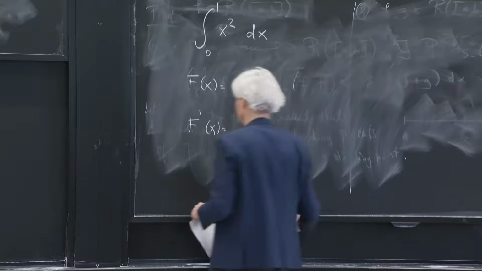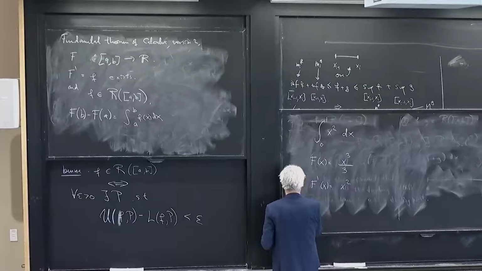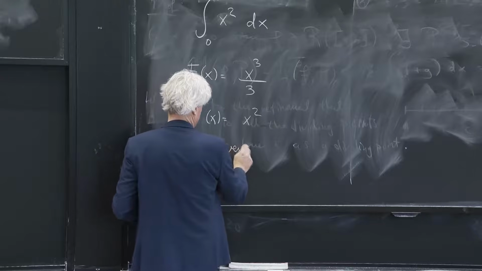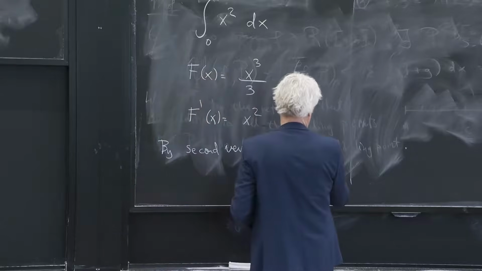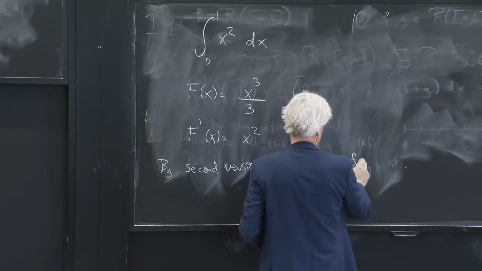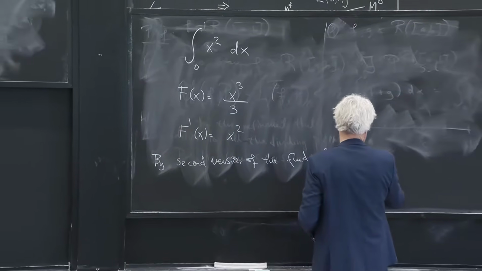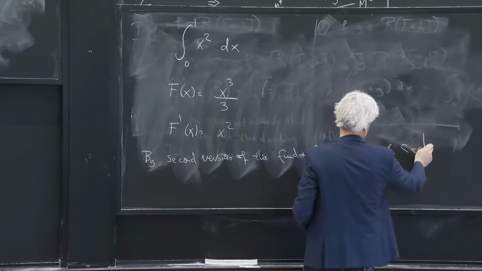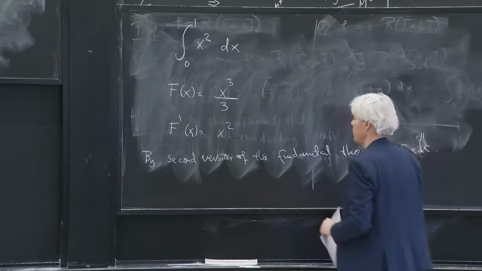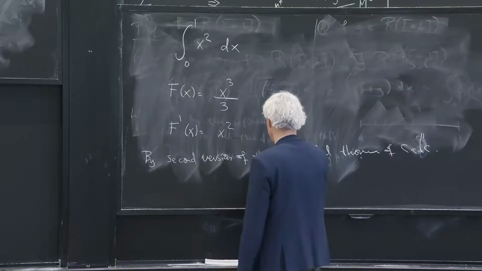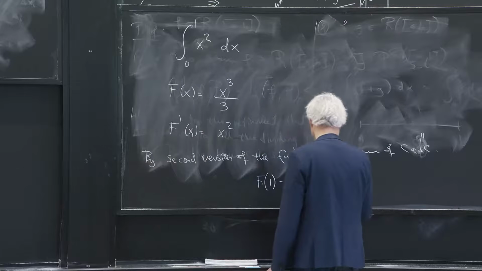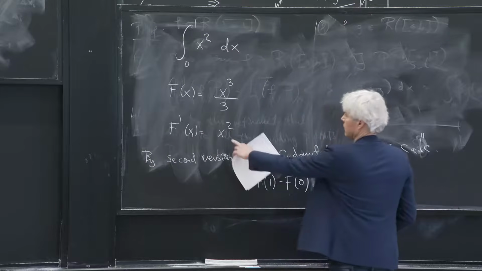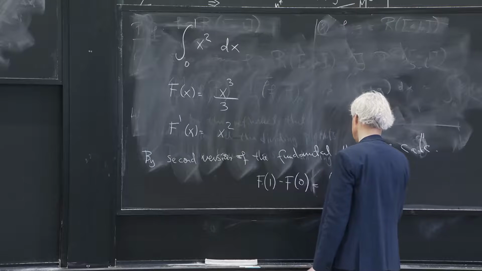So this means that the second version of the fundamental theorem of calculus applies, and we have that F of 1 minus F of 0 is equal to the integral of the derivative, because the derivative is integrable.